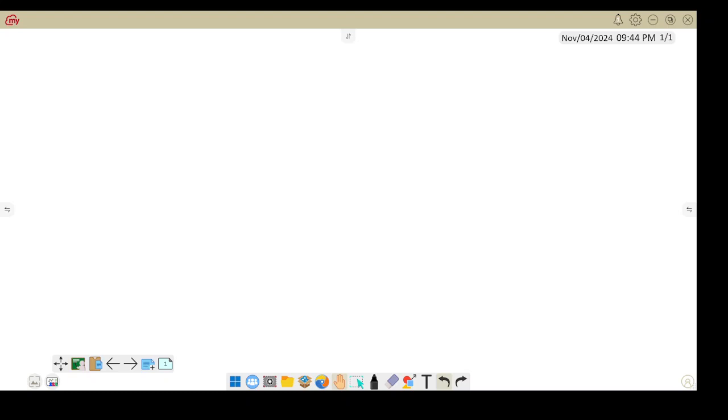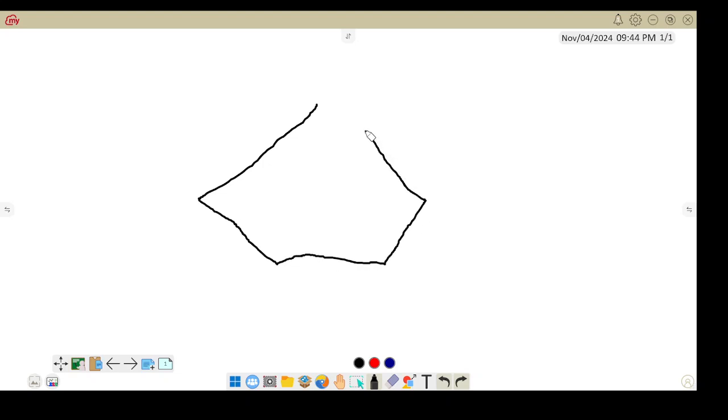On the pentose sugar, one thing to take note of is that it will have 5 carbon atoms. A pentose sugar can look like this, as if it's a star shape.